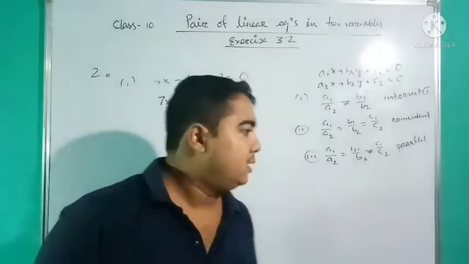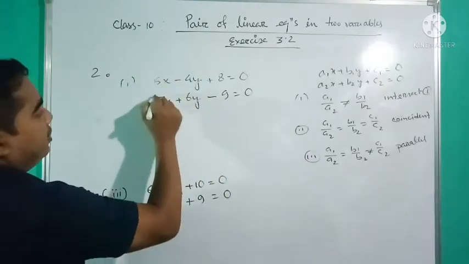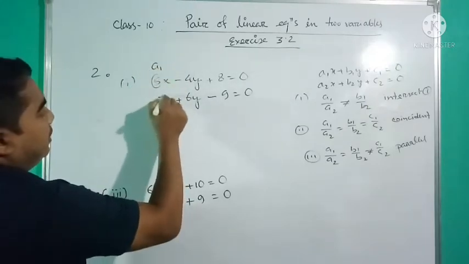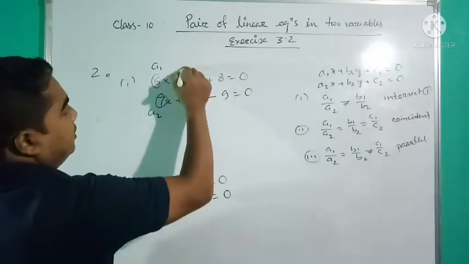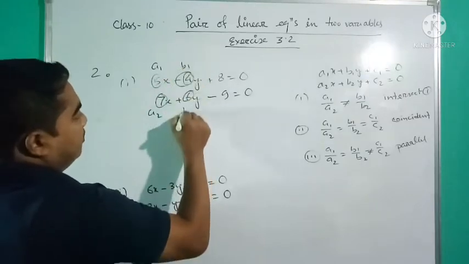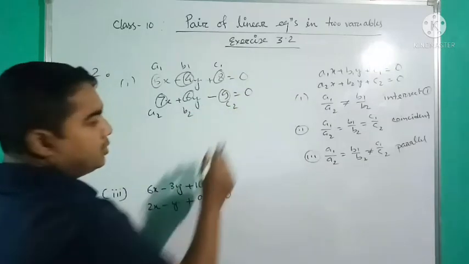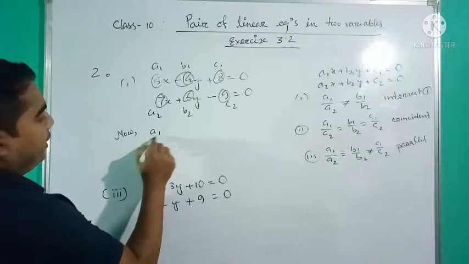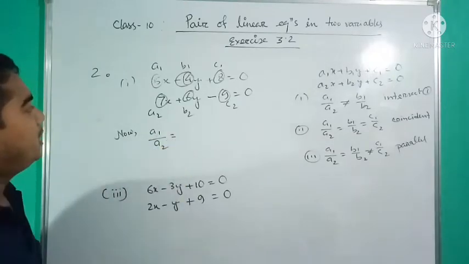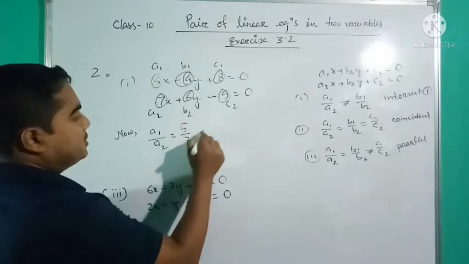Now we need to observe from the given equation which one condition is satisfied: 1, 2 or 3. See, here this one is called a1 value, this is a2 value, this one with the minus symbol is b1, this is b2, and then c1 and c2. Now a1 by a2 value is 5 by 7.